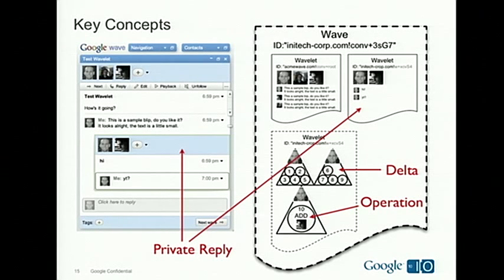So the history of a wavelet consists of a series of operations, and these operations are packaged together in an envelope which we use for transmitting between servers and client and server, which we call deltas.